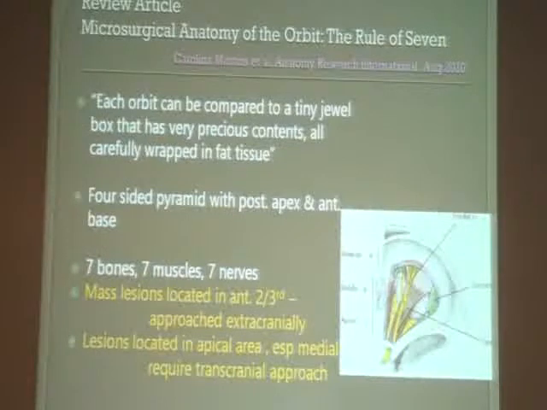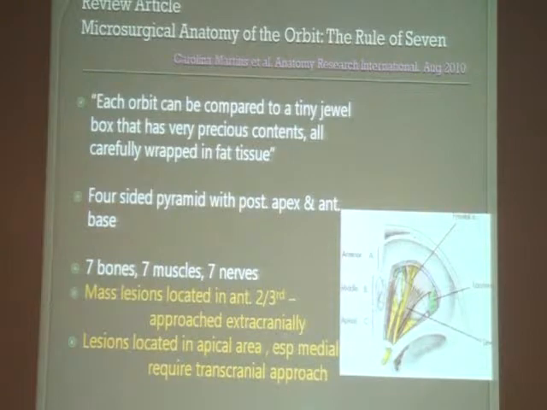An orbital surgeon needs to review the microsurgical anatomy of the orbit, and this author, Carolina Martins, has described each orbit as a tiny jewel box that has very precious contents, all carefully wrapped in fat tissue. So mass lesions located in the anterior two-thirds are approached extracranially, and lesions located in the apical area, especially the medial side, require a transcranial approach.